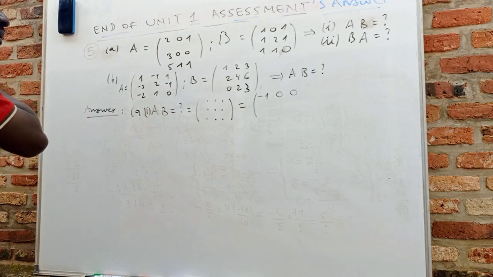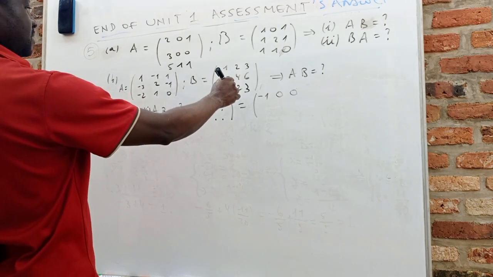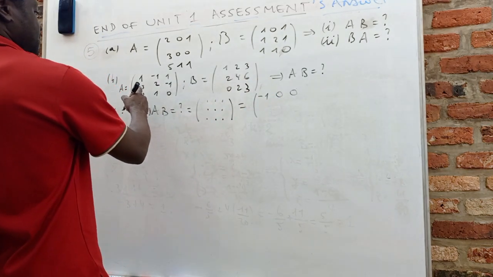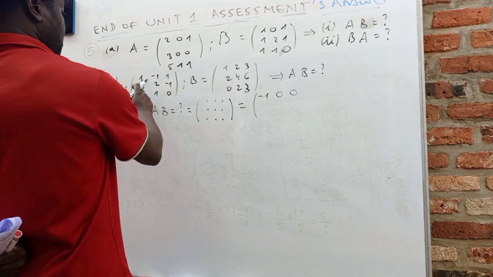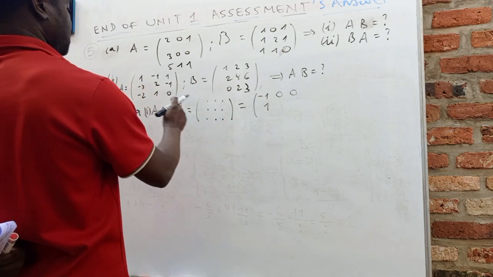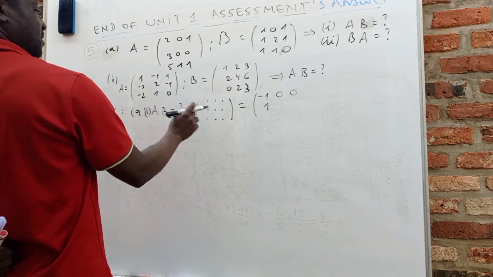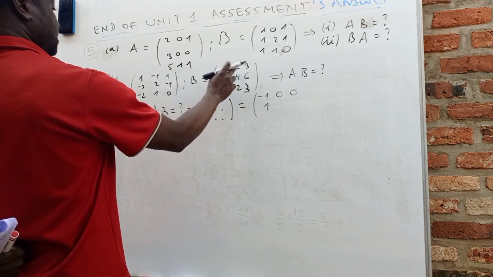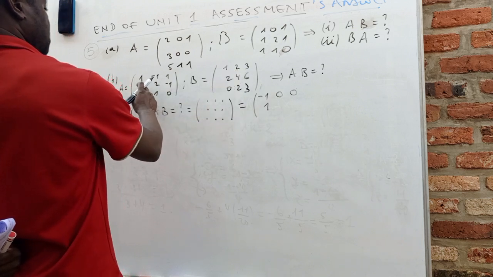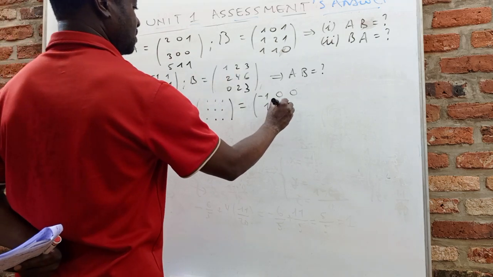Okay, so the first row is negative 1, 0, 0. Now the second row: the product is negative 3 plus 4 is 1, and then the second element, negative 6 plus 8 is 2, minus 2 is 0.